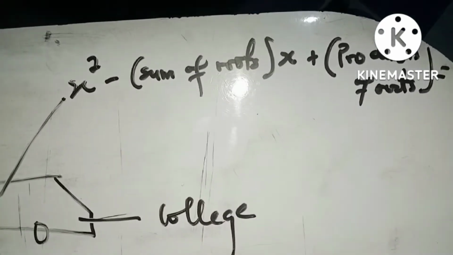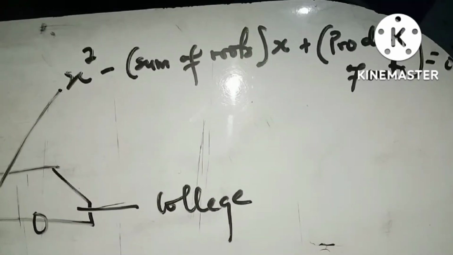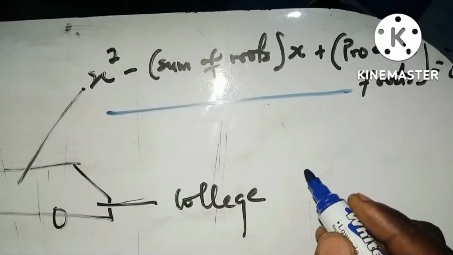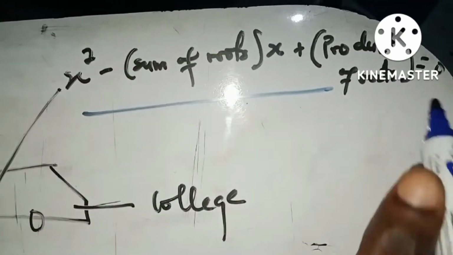You must know this. If you don't have this, there's no way you can get to the college. Assuming this is the bus that can take you to your destination, it is very simple to analyze.